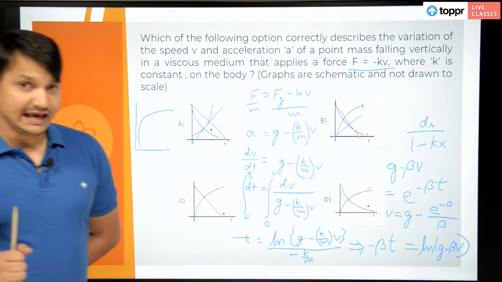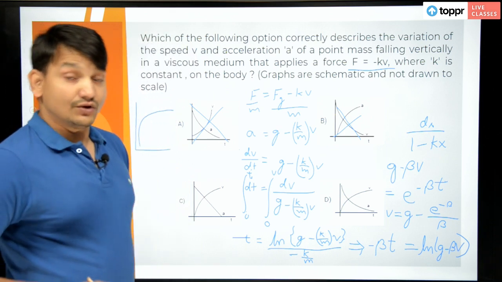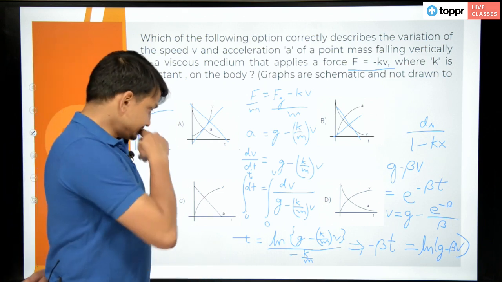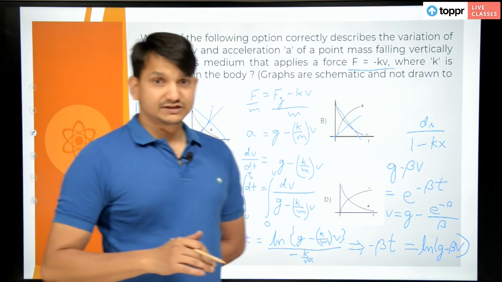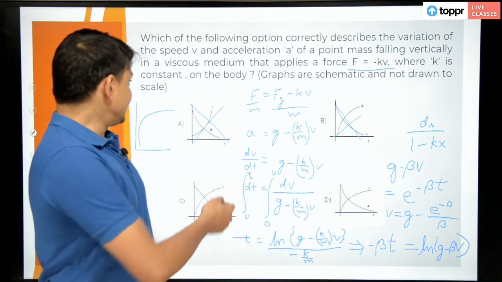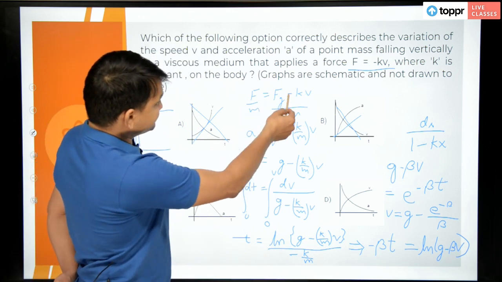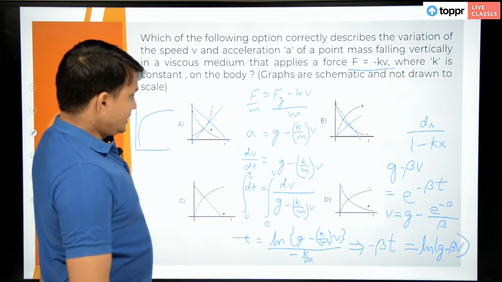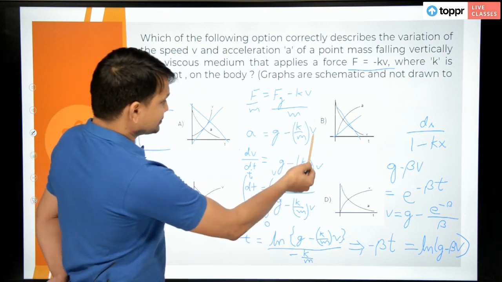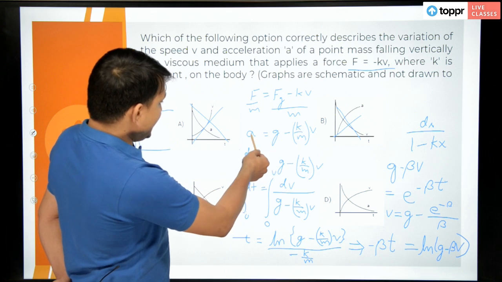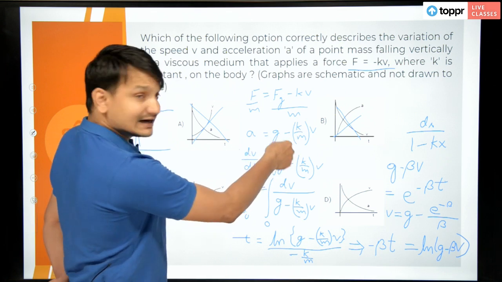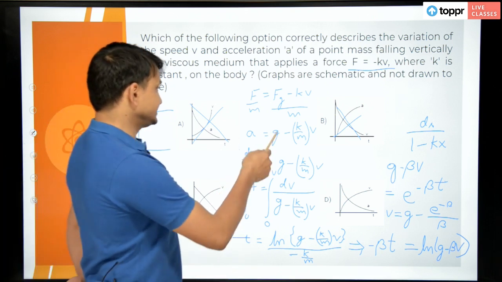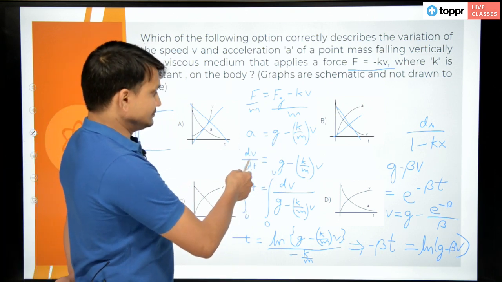Now consider A. Is A constant or is A decreasing or increasing with a constant pace? No, A is not constant because obviously the acceleration has some component associated with it. And we know V is growing, so definitely the rate at which acceleration will increase has to go down.